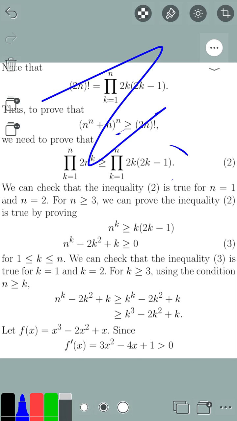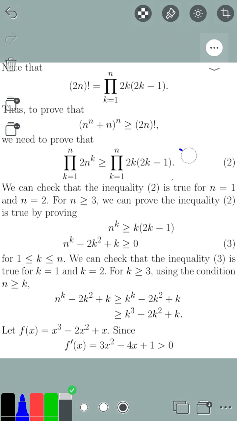Now our goal is to prove this inequality involving two products. We can prove that each term of the products on the left hand side is larger than or equal to each term on the right hand side.